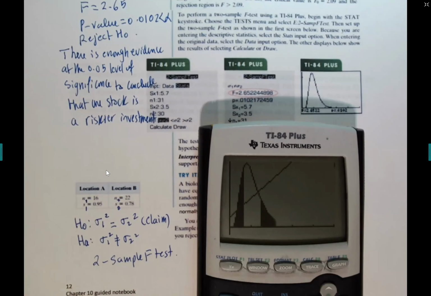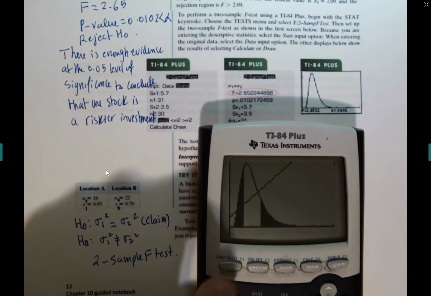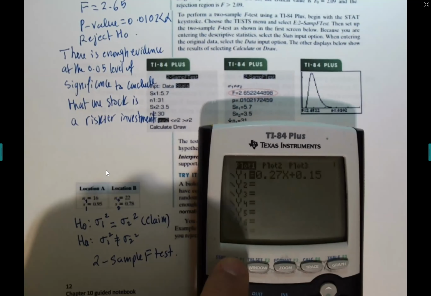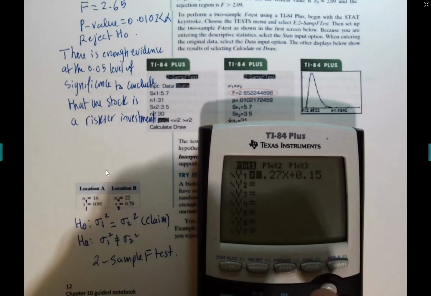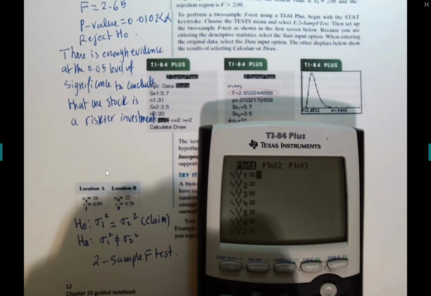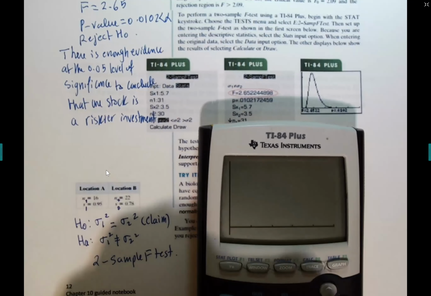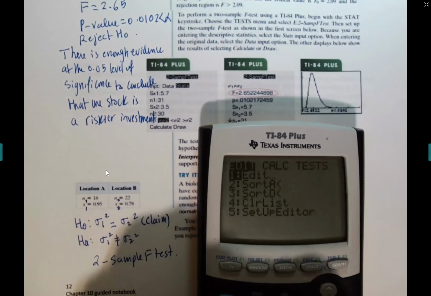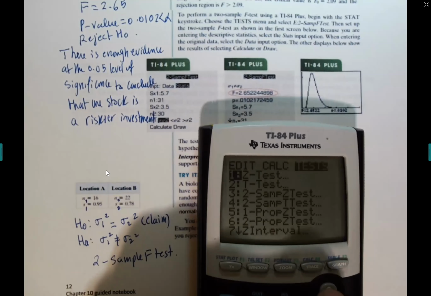The first line doesn't belong there, so let me just get rid of it. You see that doesn't belong there. So clear. And then a graph. Let's see if it still shows me the graph. No. Okay, I'll do it again. So stat, it doesn't hurt to do it again. Scroll up.